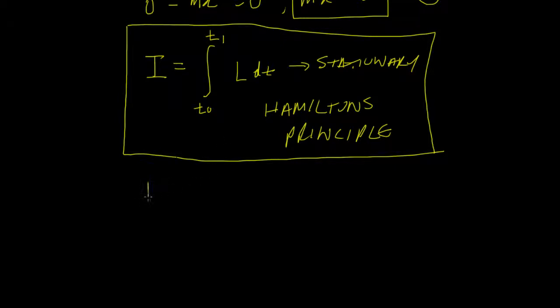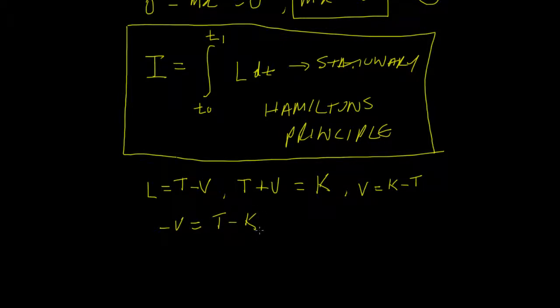We know that L equals T minus V, and we know that for a conservative force T plus V, the kinetic energy plus the potential energy, is some constant K. So we can write V equals K minus T, so minus V equals T minus K. Then we can put that into here and say L equals T plus T minus K.